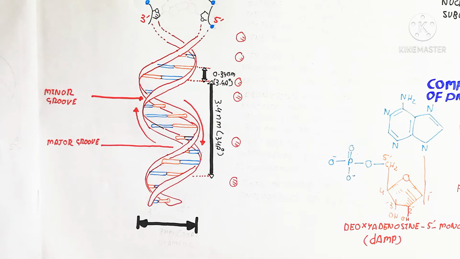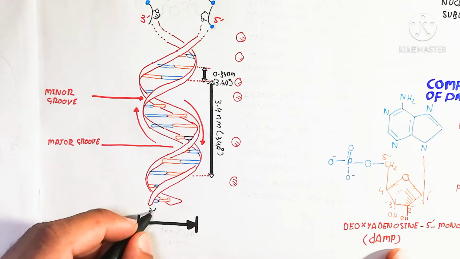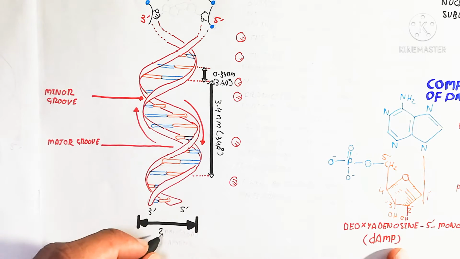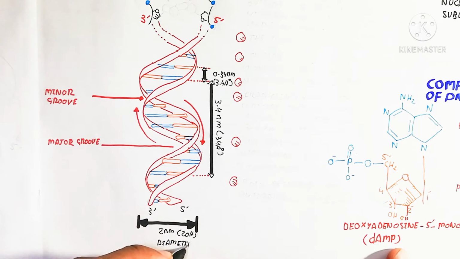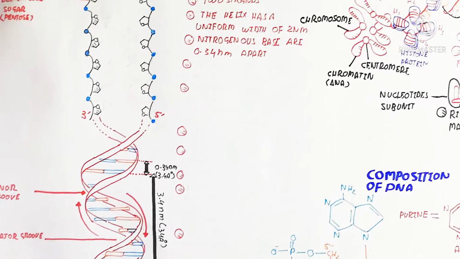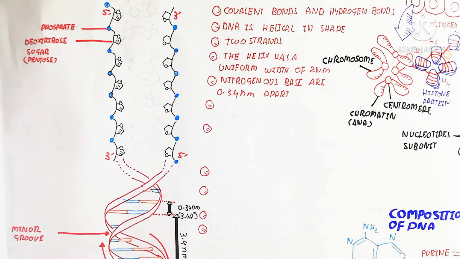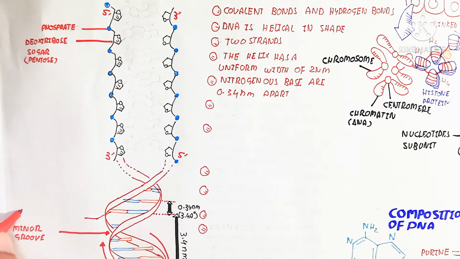So let's talk again about the Watson and Crick model, with further points. The width is 2 nanometers, so the diameter is 20 angstrom, and this is the DNA diameter, which is coiling like here.